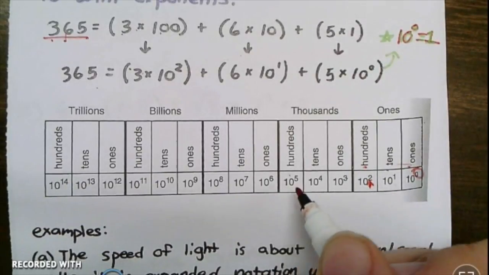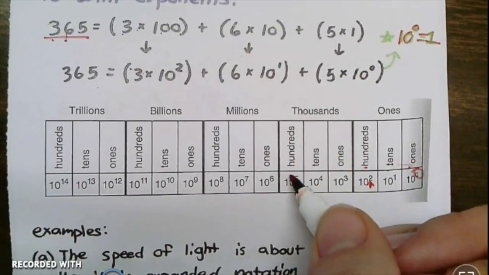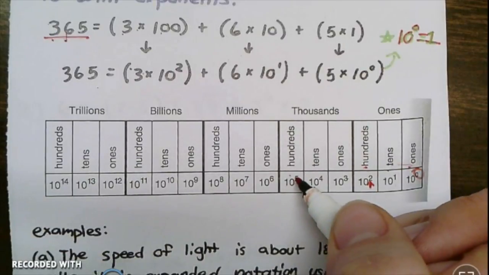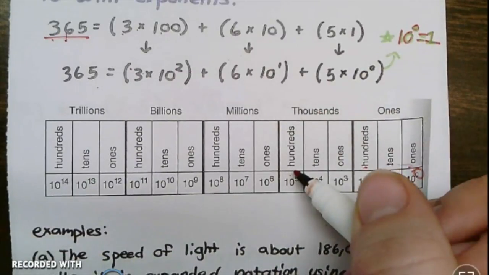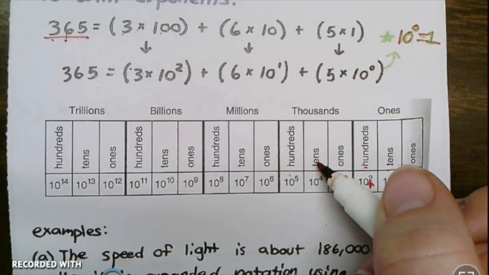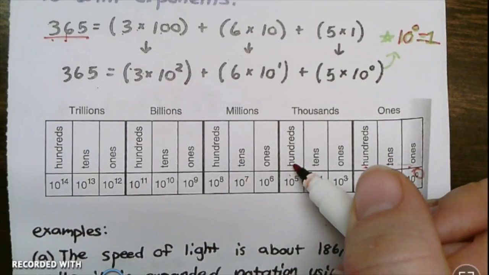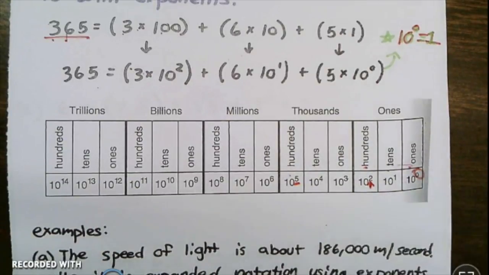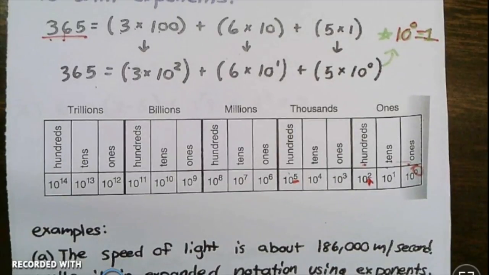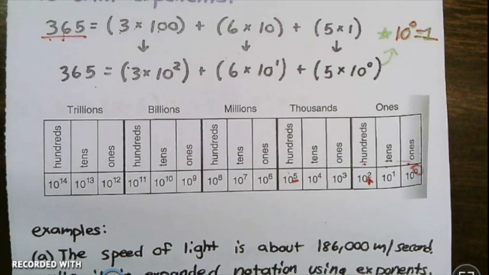Or if a number was in the hundred thousands place, then it would have 1, 2, 3, 4, 5 zeros following that 1, and so it has an exponent of 5. Its exponent is going to be 1 less than the total number of digits in the number itself.